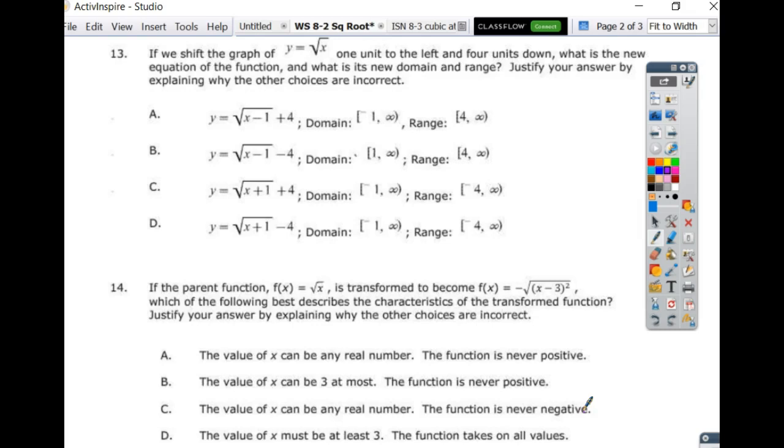You square it. So is it ever going to be negative underneath here, no matter what number I pick? So x can be any number I want it to be. But no matter what I put in there, what's the final answer? Negative, because of the minus outside. So which one of these is this going to be? The function is never positive, and it can be any real number, so it's A.